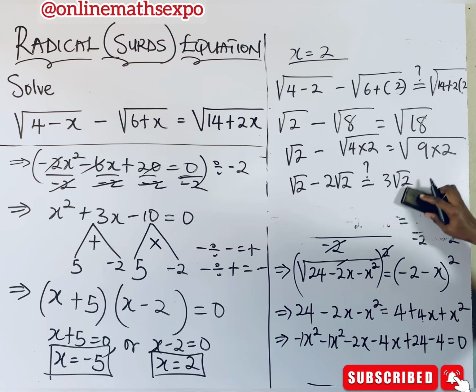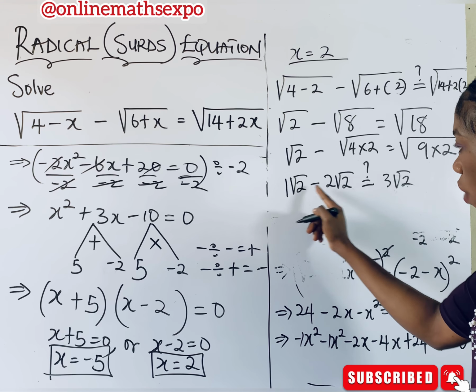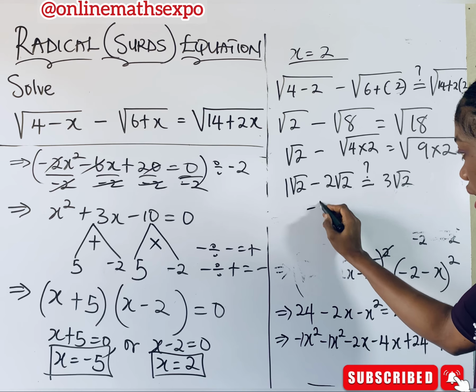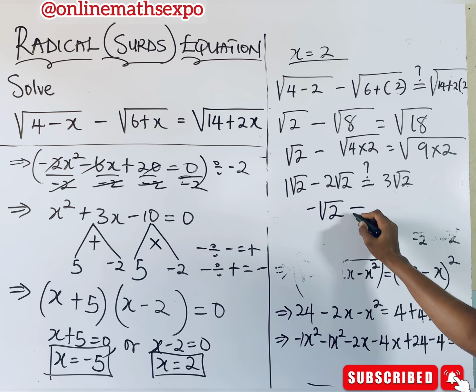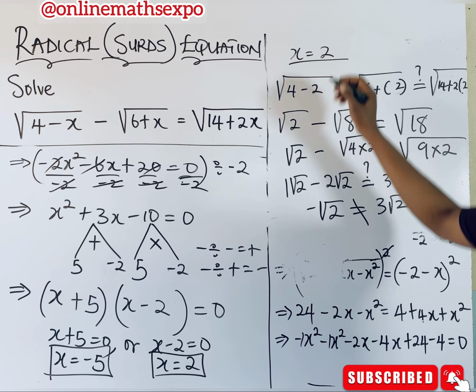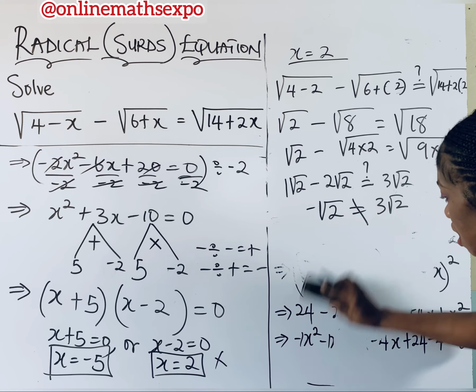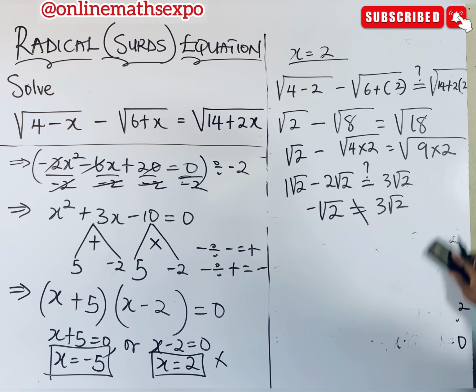Now, when you subtract these two, what do you think should be your result? Remember, the coefficient is 1, and 1 minus 2 will give us negative root 2, whereas this one is giving us 3 root 2. So you see, they are not the same. In that case, you say that x equal to 2 is not a solution. So what it means is that the value of x here will be negative 5.